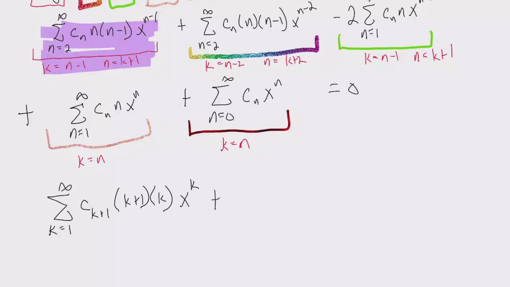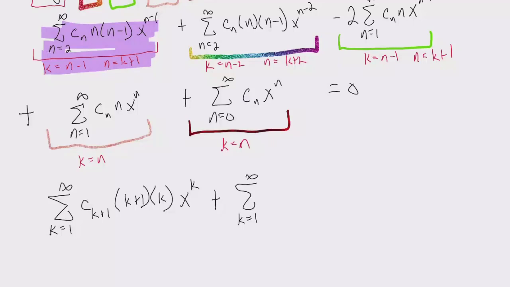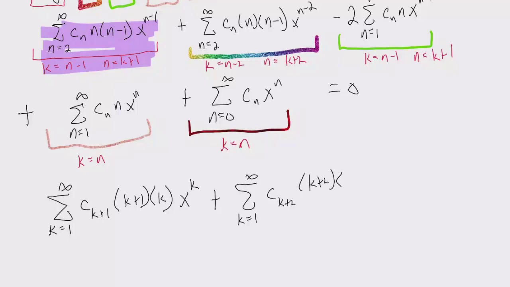And in the next position, I want to swap out the summation. Same thing, I get k equals 1 to infinity, c sub k plus 2 this time, and then k plus 2 and k plus 1.